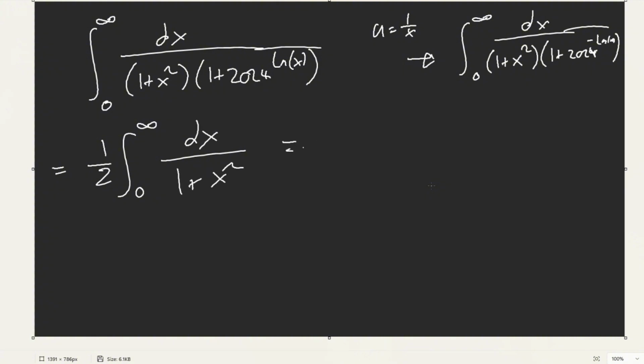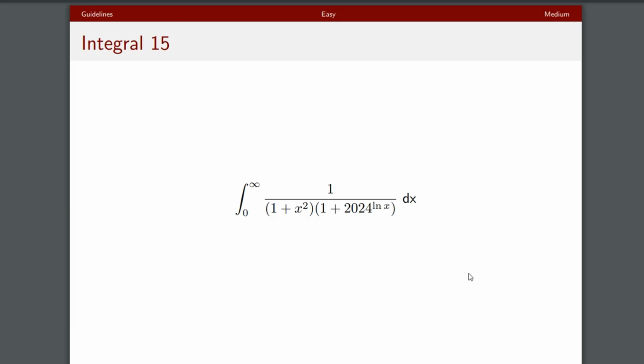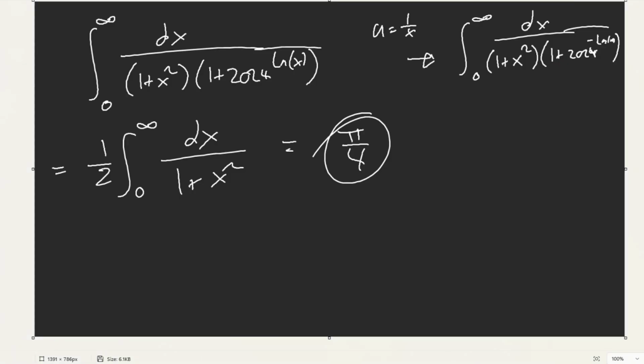And so the answer is going to be pi over 4. I think. I hope I did that correctly. Yeah. So that should come out as pi over 4. I'd be so mad if that's not pi over 4. Okay. Good. Alright. Next.